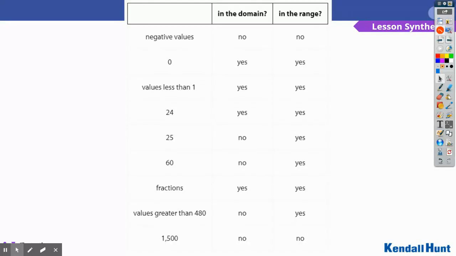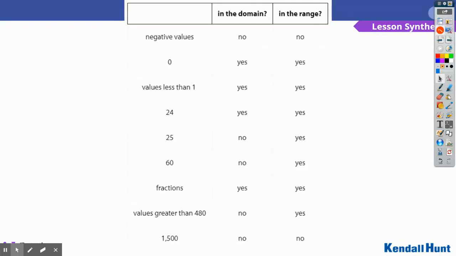Could we have values that are 24? Well, yes, it's a 24-hour period, but 25, they're not going to sleep for 25 hours in a 24-hour time period. 60? No, we're not going to have 60 hours. We can have fractions because we can have part of an hour. Values greater than 480? No, because that's a 24-hour period.